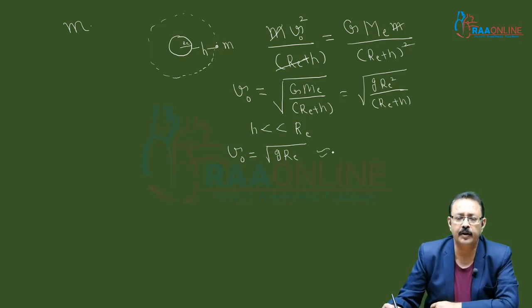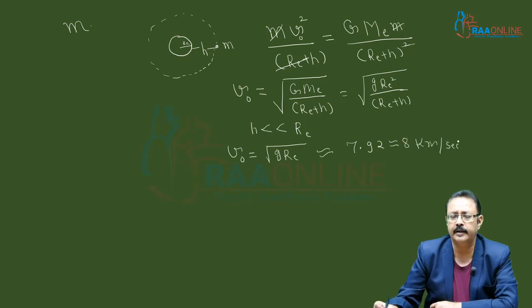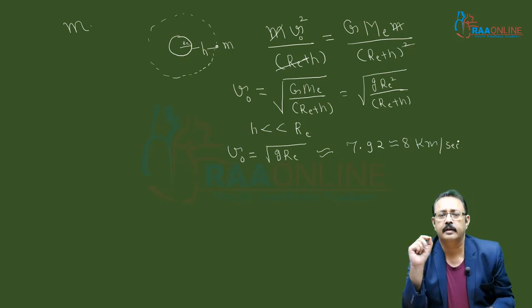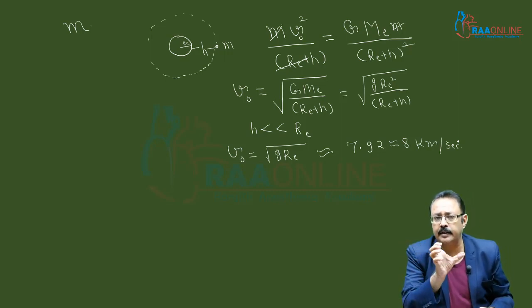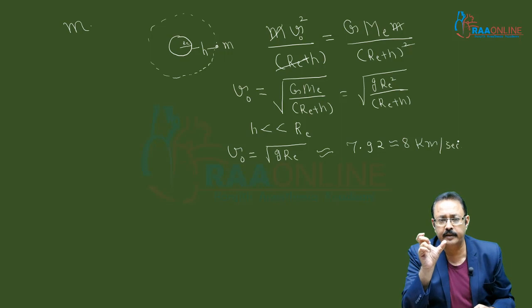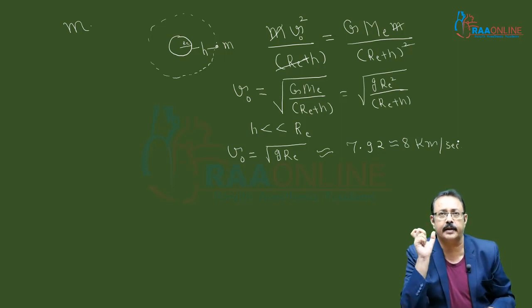By putting these values, you will get nearly 7.92, or you can say 8 kilometer per second. It means the satellites which are orbiting near the Earth's surface have an orbital speed of nearly 8 kilometer per second.